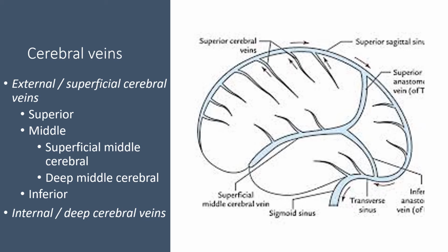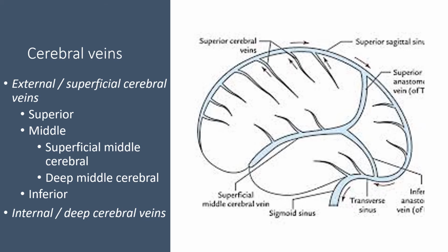The veins of the brain comprise cerebral veins, cerebellar veins, and veins of the brainstem. For the time being, we will confine our discussion to the cerebral veins.